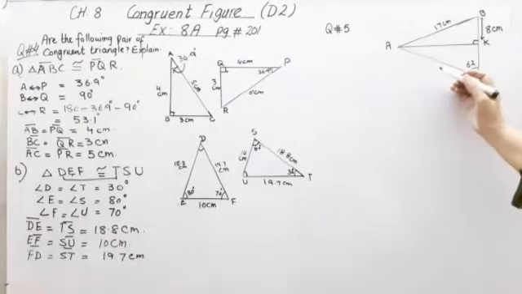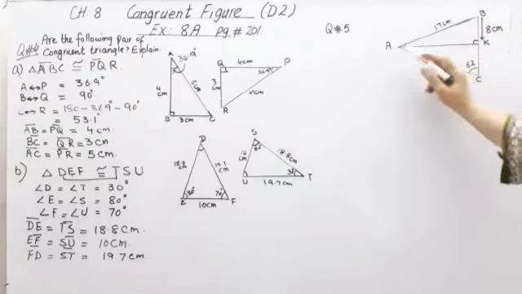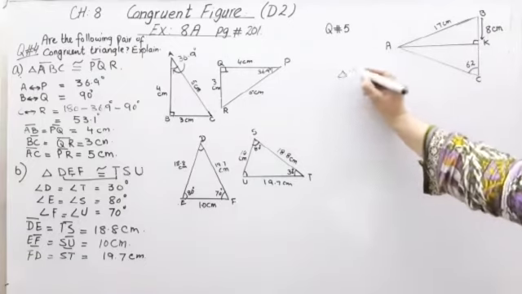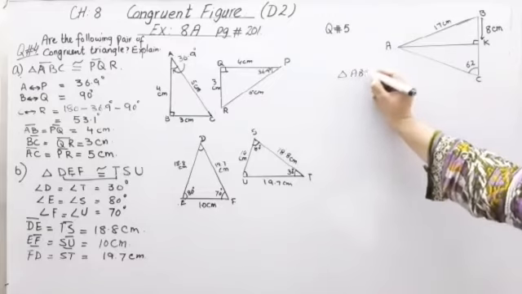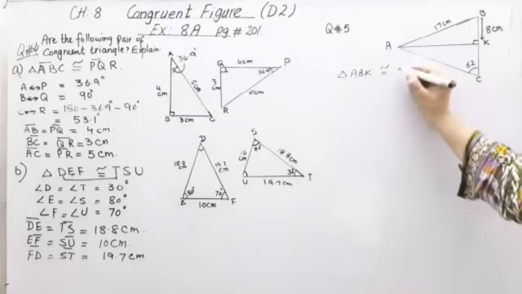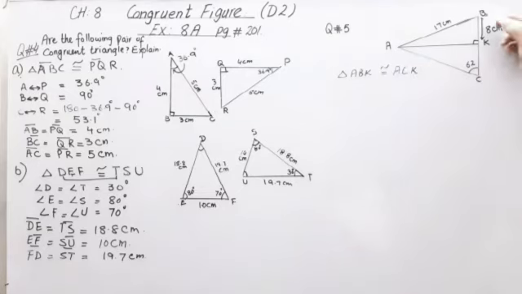In question number 5, the question is, in the figure ABK is congruent to ACK. So we can write triangle ABK is congruent to ACK. It means B and C are equal because their vertices are equal.